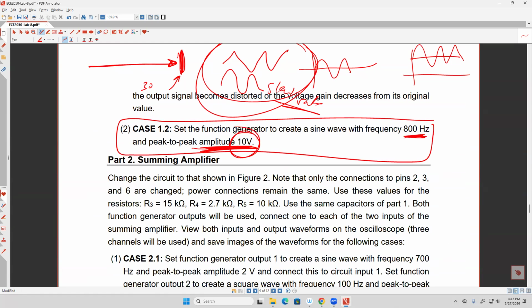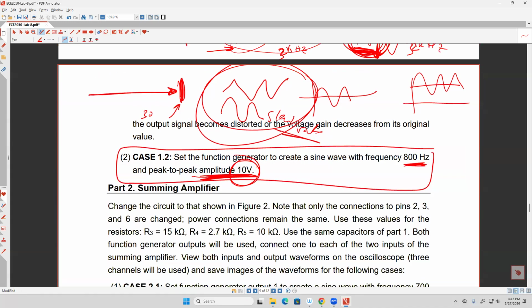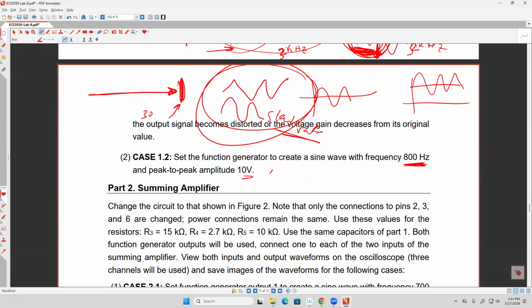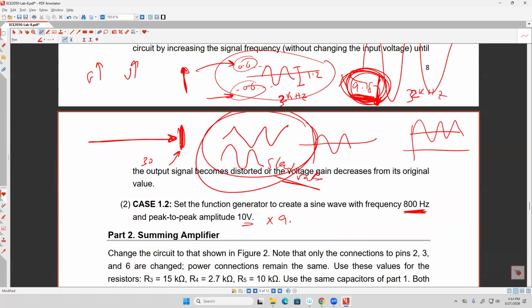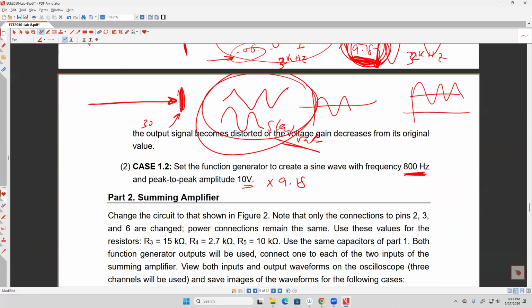I'm 100% sure that when the input is 10, distortion is going to happen. Why? Because if the input is 10 and the gain is 9.18, that means the output has to be 91.8, which for sure is much bigger than the bias voltage of negative 15.